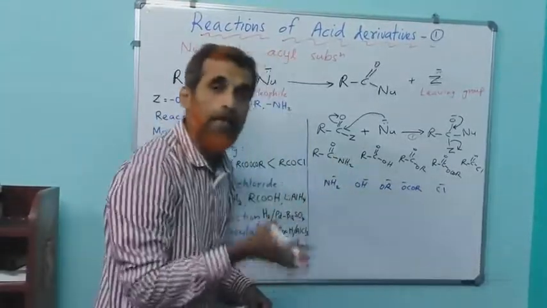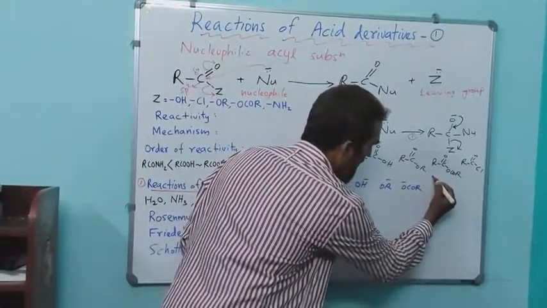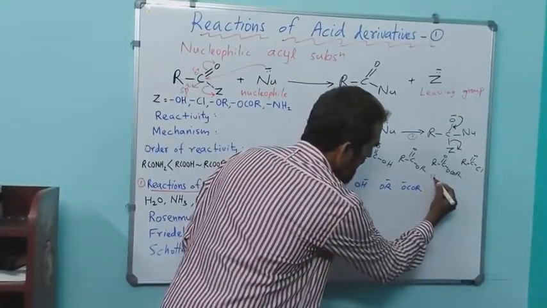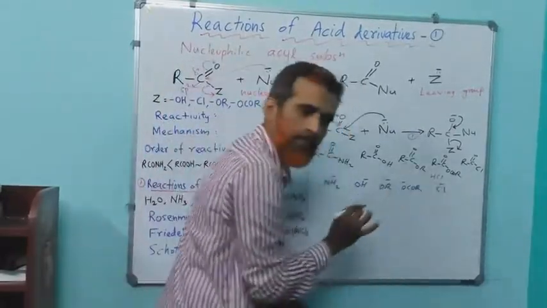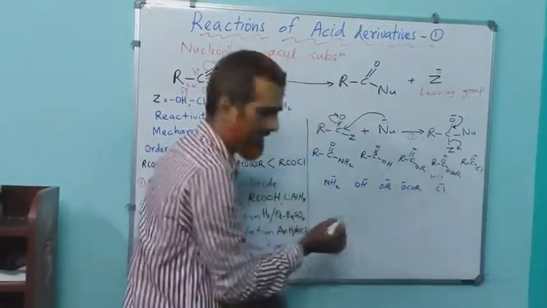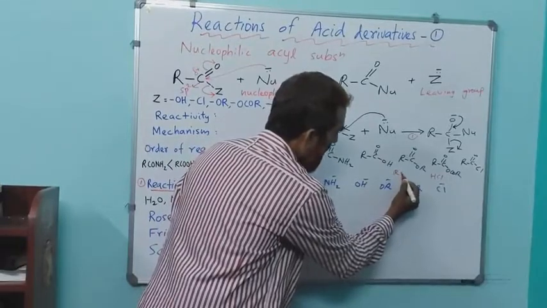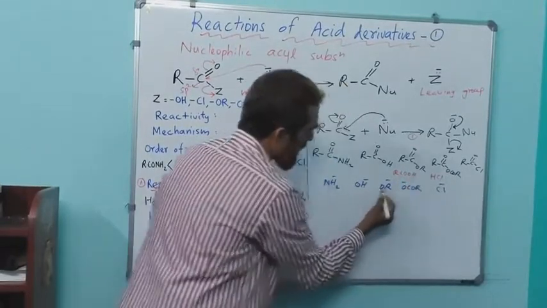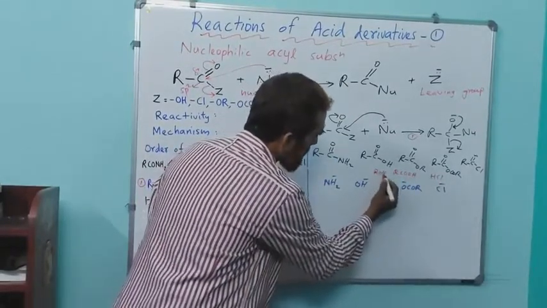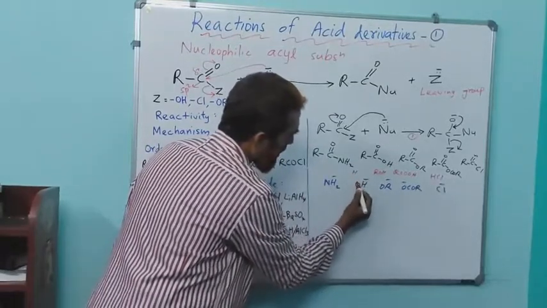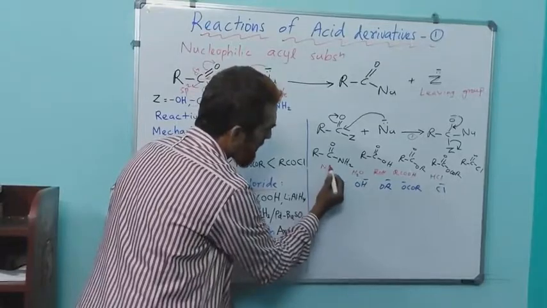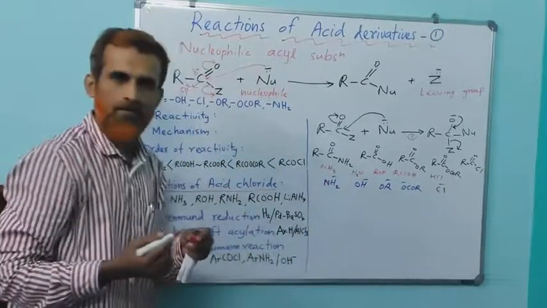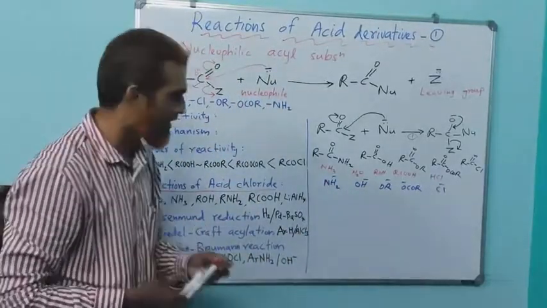Consider their conjugate acids. Let me write it here. This is HCl, correct? For the conjugate acid, you just add H plus to this. This is RCOOH, you get ROH, here you get H2O, and here you get NH3. By adding H plus you get the conjugate acid.